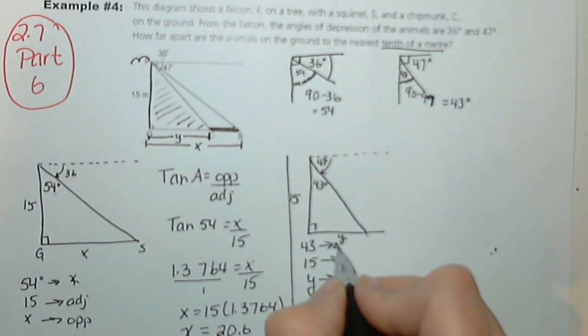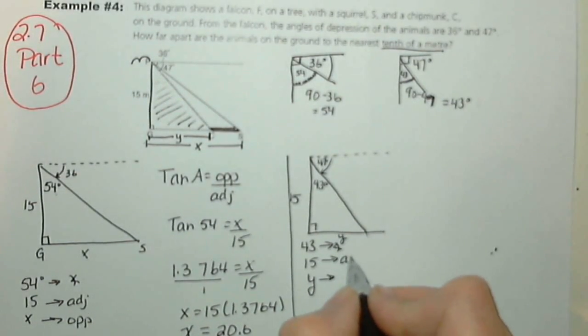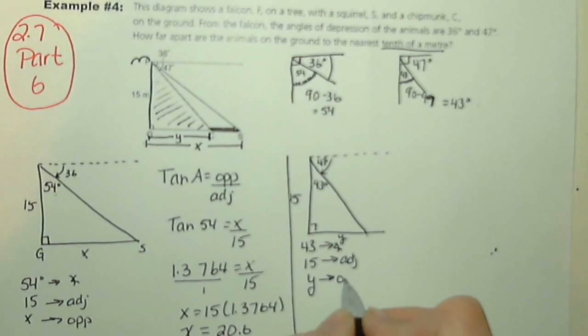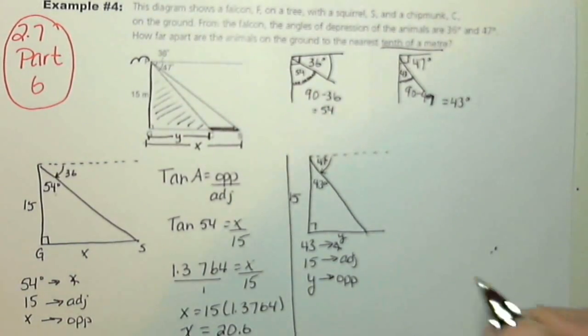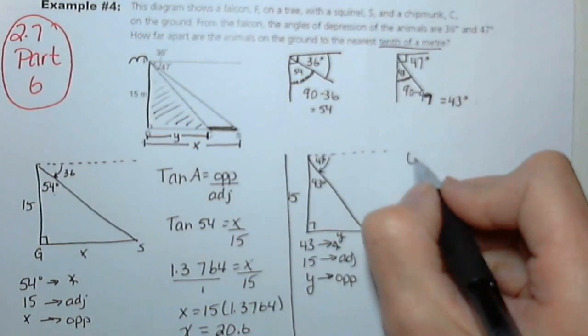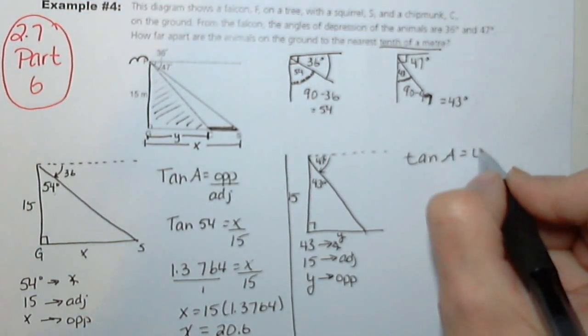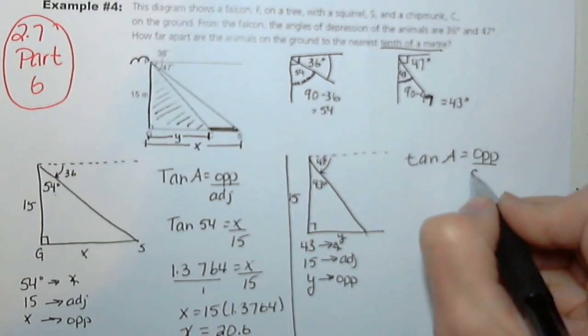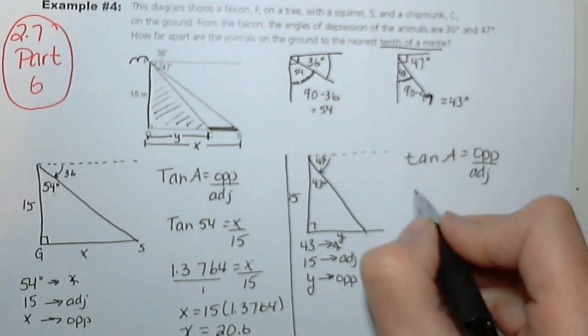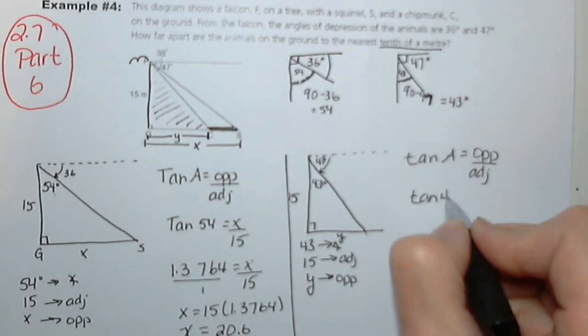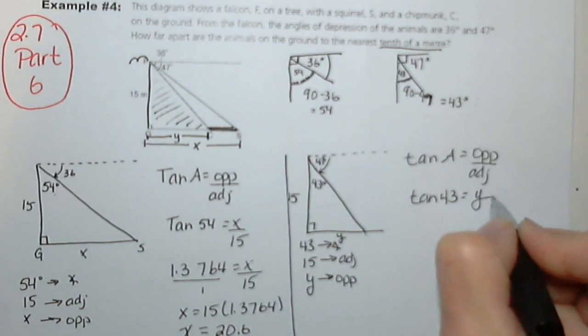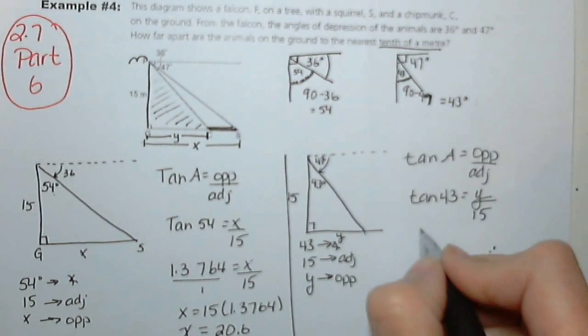43 is my angle, 15 is my adjacent, and y is my opposite. The formula is still tan. Tan of A is equal to the opposite over the adjacent. The tan of 43 is equal to y over 15.